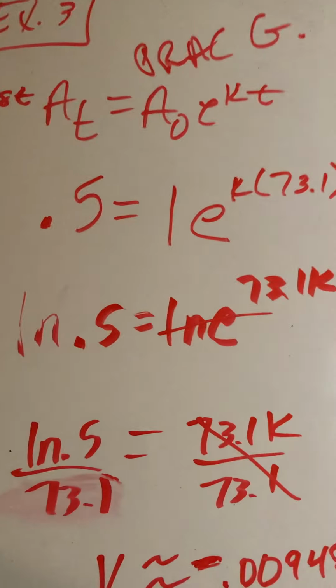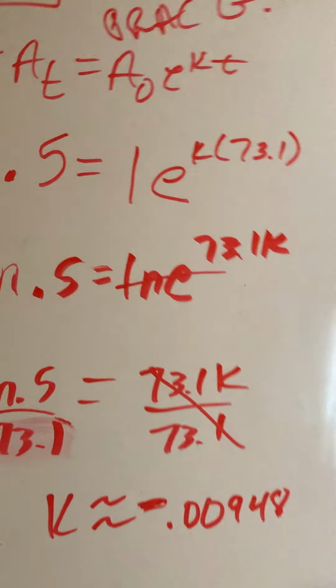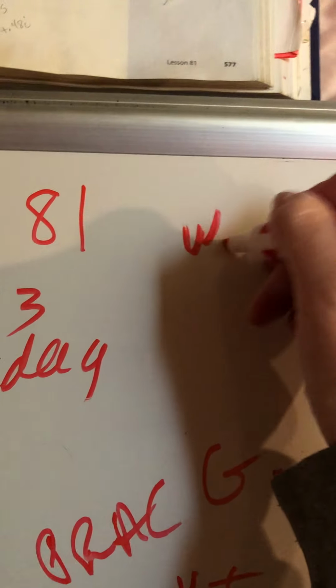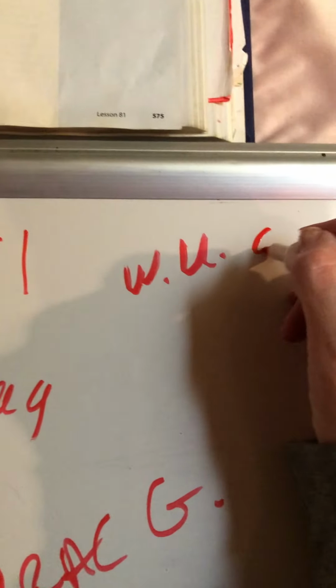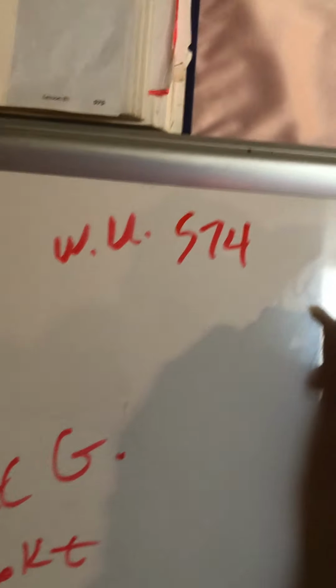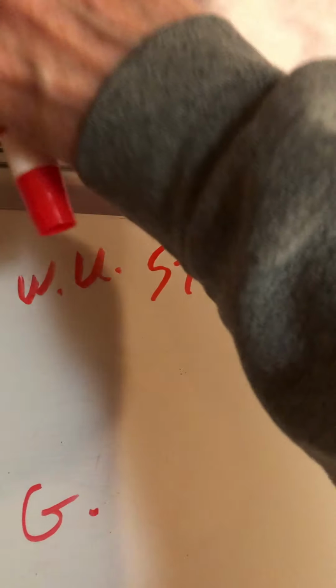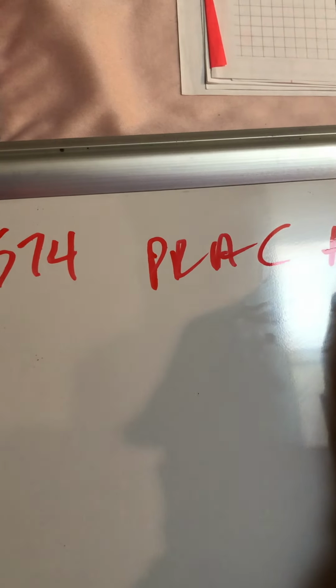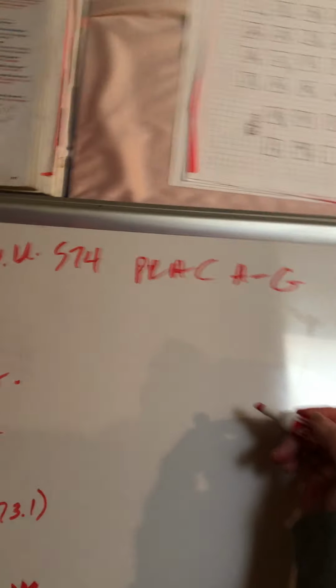And we've talked about this exponential growth and decay before, so that should be a review for you. On this lesson, you're going to do the warm-up, which is on page 574.